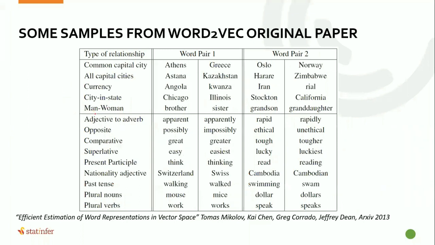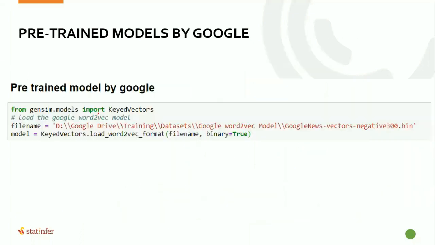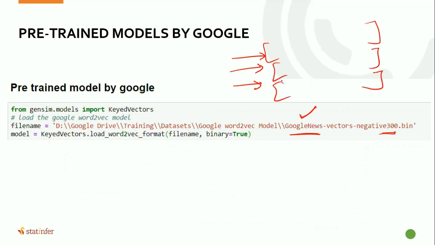Now there is one pre-trained model that you can use, which is given by Google, pre-trained on news of around 300 million words, I think. They have trained on a huge data set, and for each word, they have given the numerical representation. We don't need to even build the model.